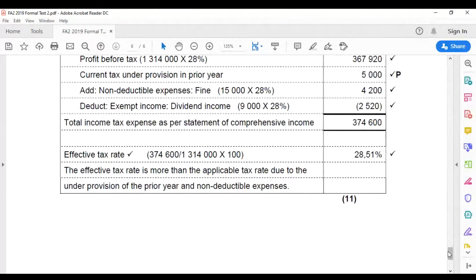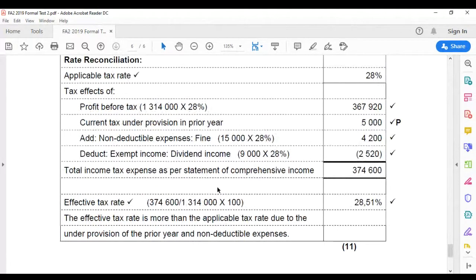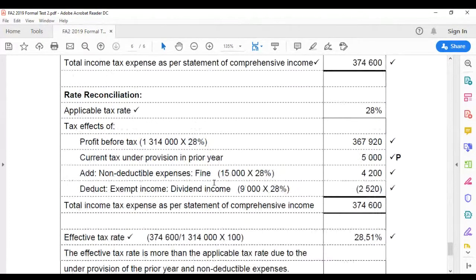Then the last section here, ladies and gentlemen, is just to indicate to the users of the financial statements. Now you must remember, what will the users of the financial statements see on the face? Now listen carefully. What will they see on the face of their statement of comprehensive income? They will see profit before tax of 1,314,000.